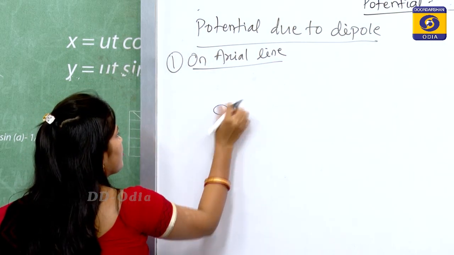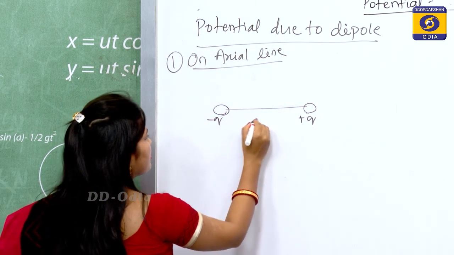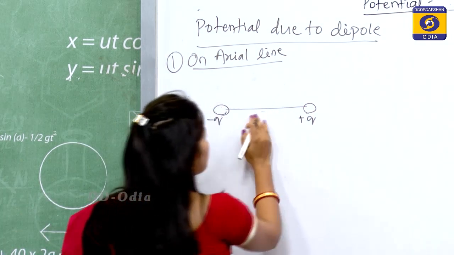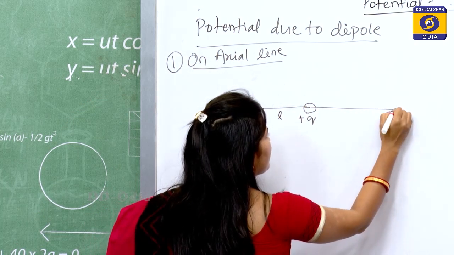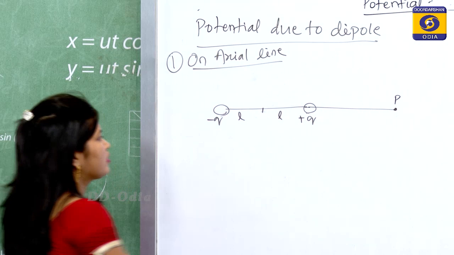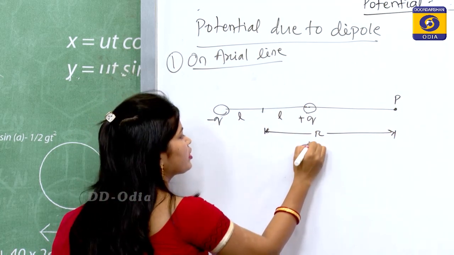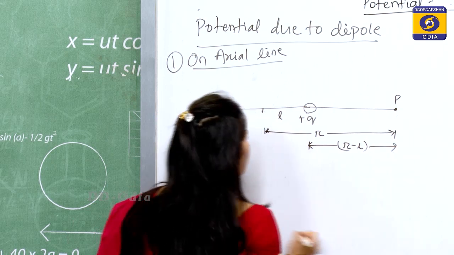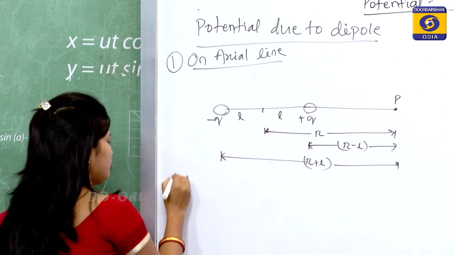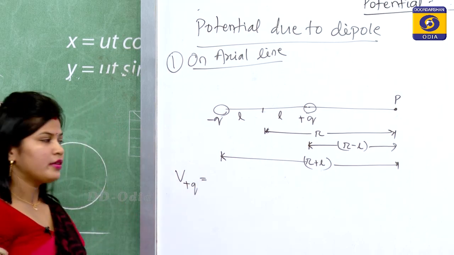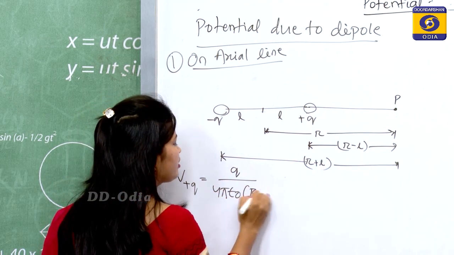Suppose here is your minus q charge and here plus q charge, separated by distance, the separation is 2L, and from the center this is L and this is also L. I have to find the potential at the point of observation P. Then from the center of the dipole the distance is r to the point of observation, from plus q it is r minus L, and from minus q it is r plus L. So, potential due to plus q is q upon 4 pi epsilon naught (r minus L).